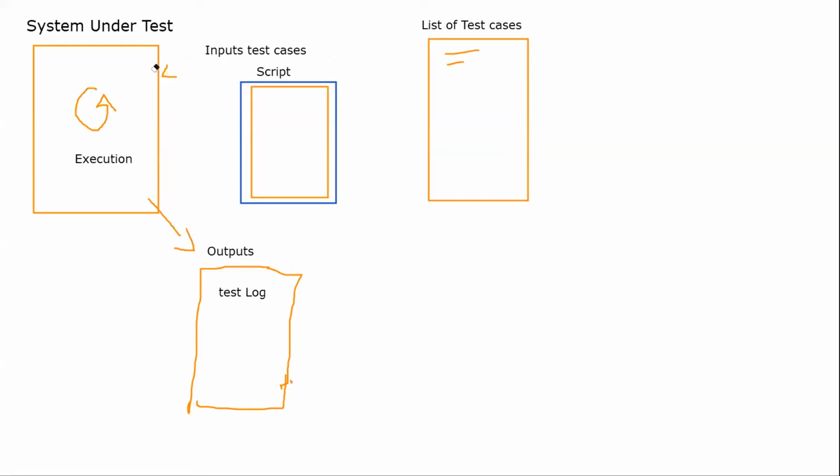So the input test cases, instead of going directly through a human, we replace the human with the script. The script will read the test cases, and then apply them as input.